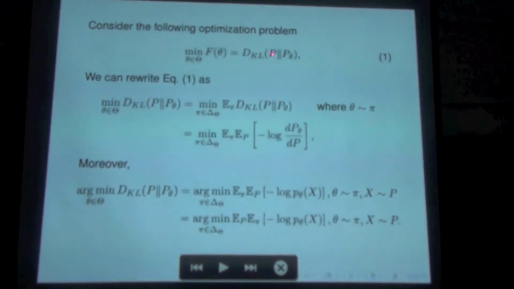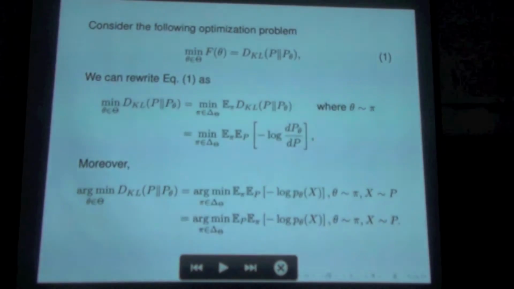Between P star, the true distribution of my observations, and members of my family. I want to find a parameter theta that minimizes the Kullback-Leibler divergence between a member of my family and the true distribution of the data. P here is P star, it's a typo. So I just want to find the parameter that generates a distribution that is closest to P star.